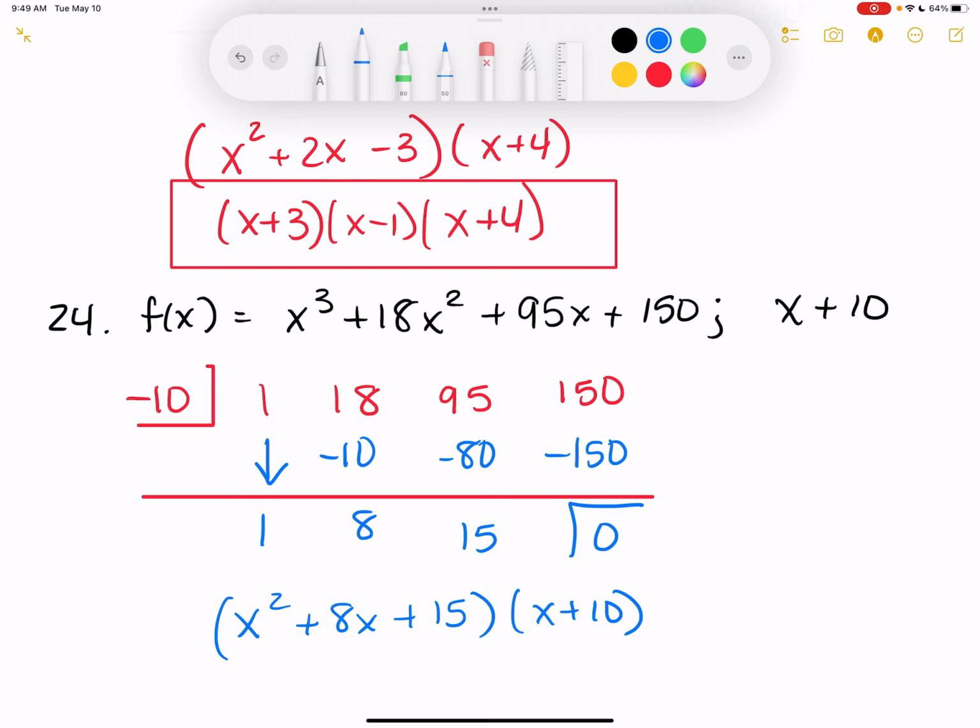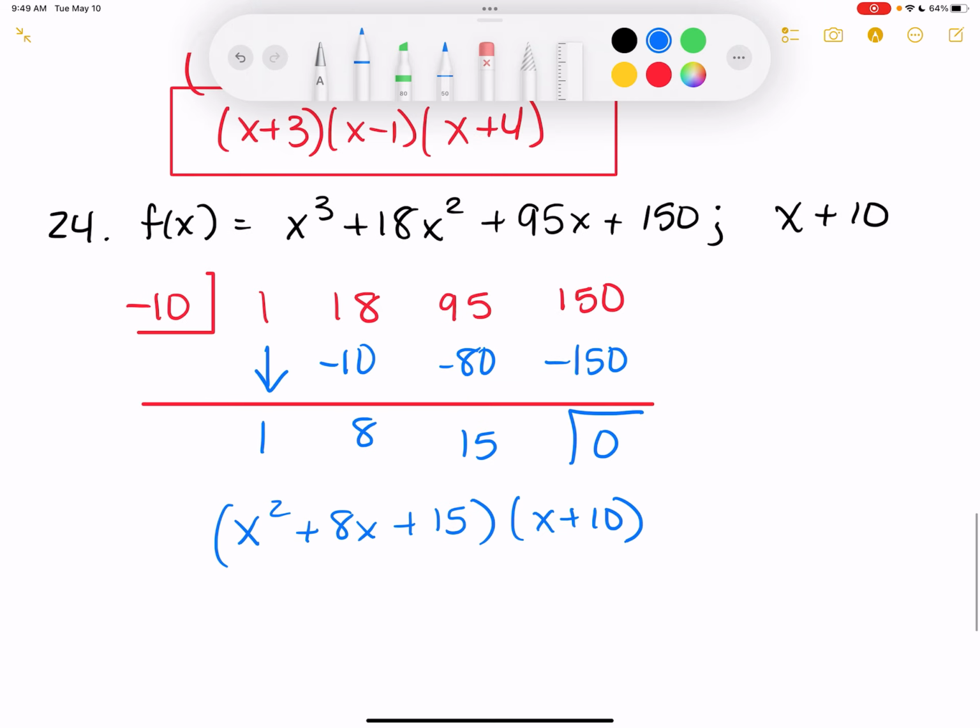I forgot how to factor that by hand. You're looking for factors of 15 that add up to equal 8. 5 and 3. Because there's nothing in front of here, it's just going to be this. If there was a number in front of here, we'd have to do it a little differently, but these ones aren't going to have that. So x plus 5 times x plus 3 times x plus 10. Done.